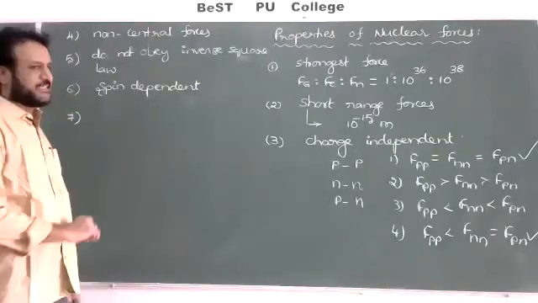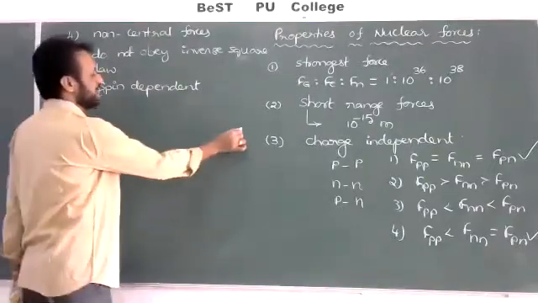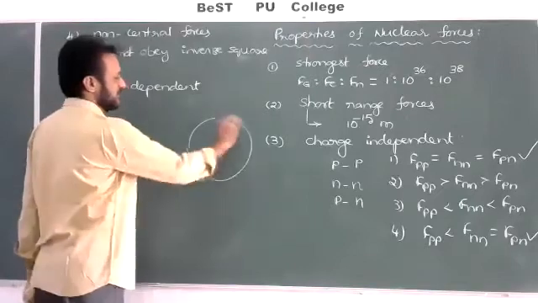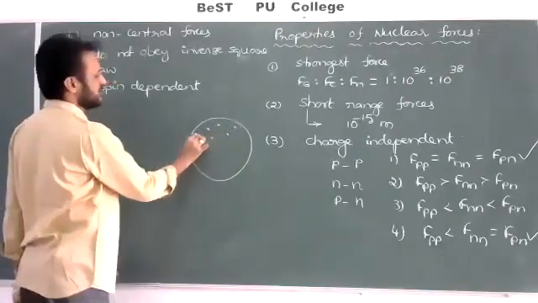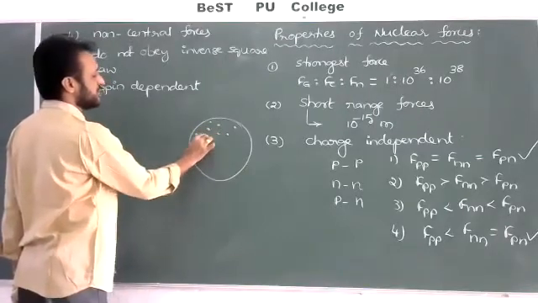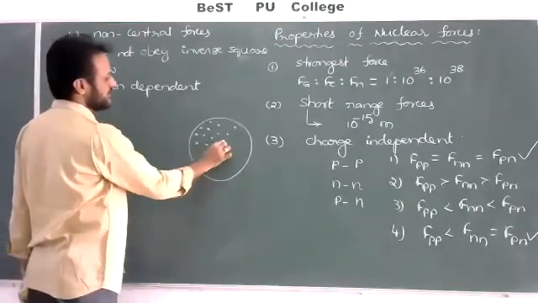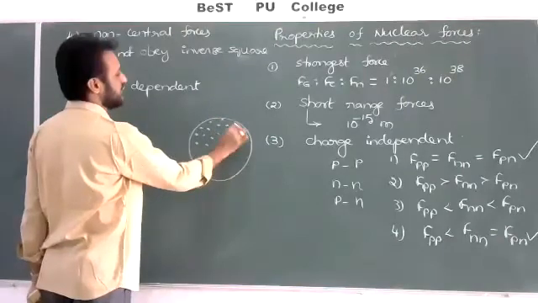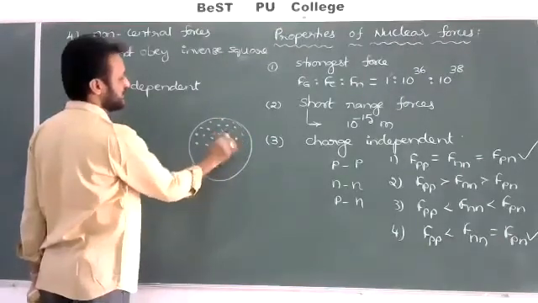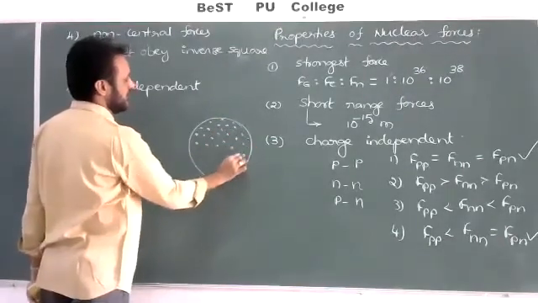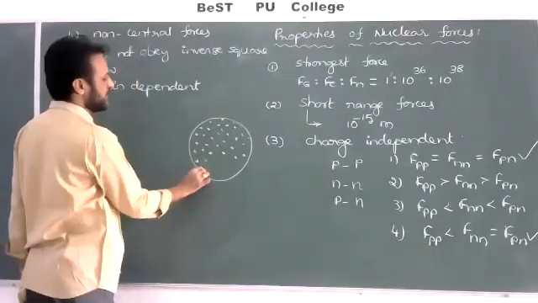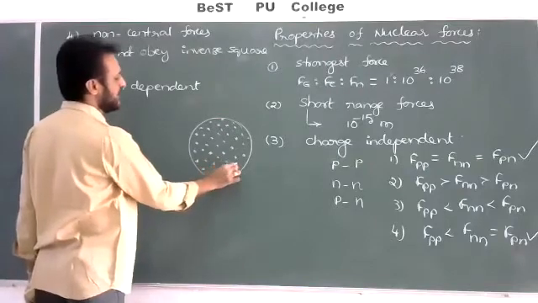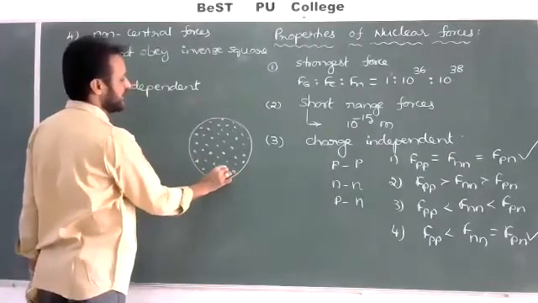One more point we can write. For example, in a nucleus there are a large number of protons and neutrons, Z protons and A minus Z neutrons, all held together only because of the nuclear forces. These are short range forces, so almost all the nucleons are inside the nucleus, within only around 10 to the power of minus 15 meter.